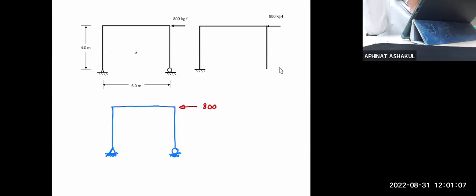Sometimes when you remove the support conditions from your drawing totally, it's hard to track whether you get the right reaction. But anyway, if this is 800, it takes you 1 second to know that this is also 800, correct?